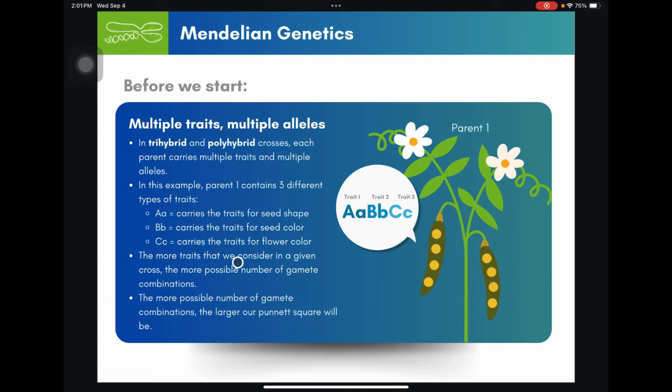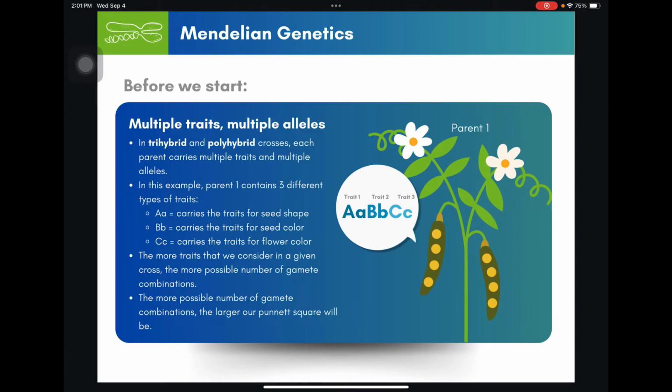Now before we start, in trihybrid and polyhybrid crosses, each parent carries multiple traits and multiple alleles. Since this is a trihybrid, this parent now carries 3 traits. Trait 1, which is represented by the letter A, carries the traits for the seed shape. Trait 2, as represented by letter B, carries the traits for seed color.